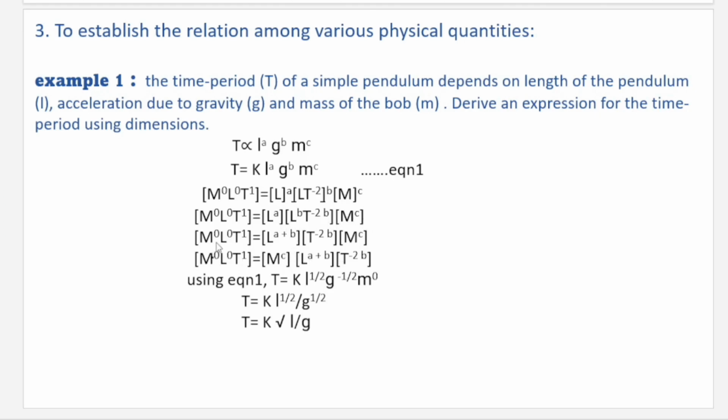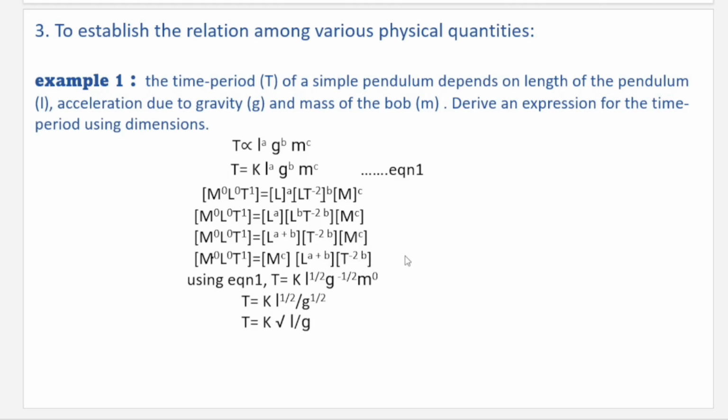We get M0 L0 T1 is equal to L to the power A plus B, T to the power minus 2B, M to the power C. In the next step, we need to arrange the right hand side in the order of M, L and T as in the left hand side. We get M0 L0 T1 is equal to M to the power C, L to the power A plus B, T to the power minus 2B.